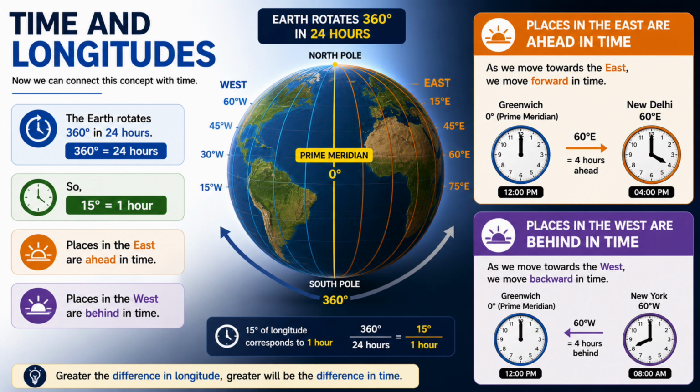Places in the east are ahead in time. Places in the west are behind in time. For example, if it is 12 noon at Greenwich, then the time at 15 degrees east will be 1 hour ahead. Similarly, the time at 15 degrees west will be 1 hour behind Greenwich time.